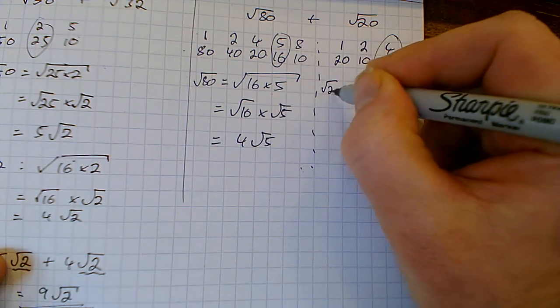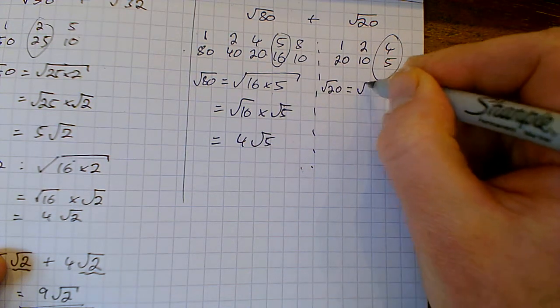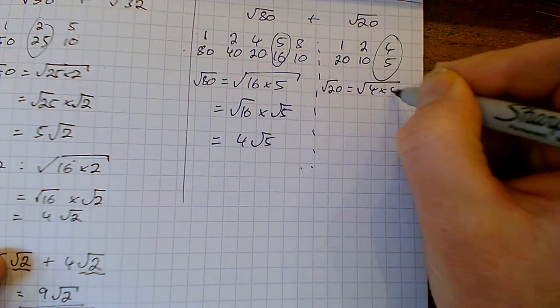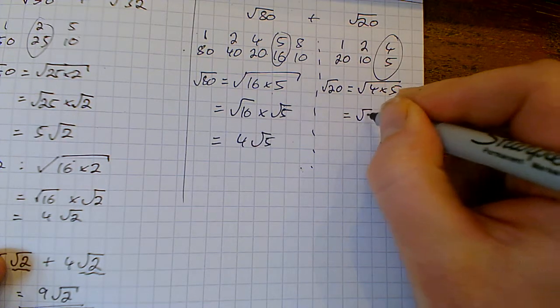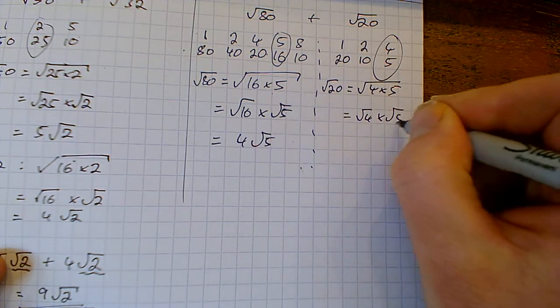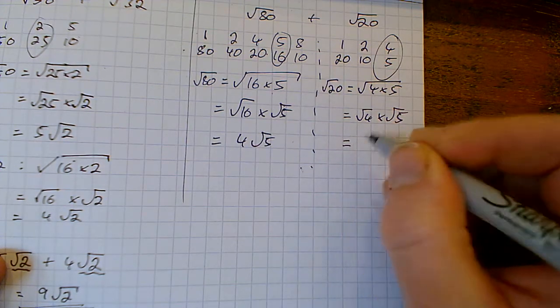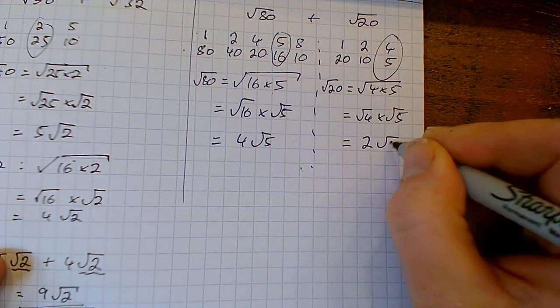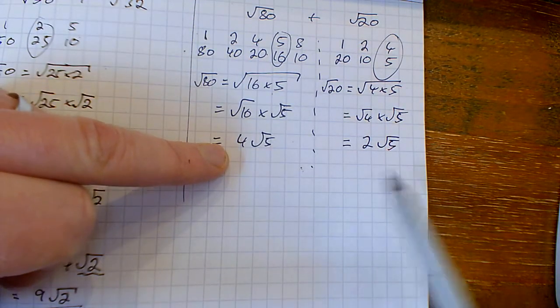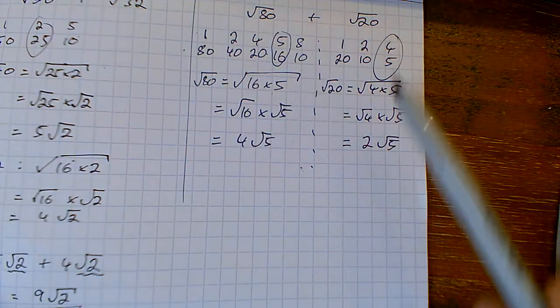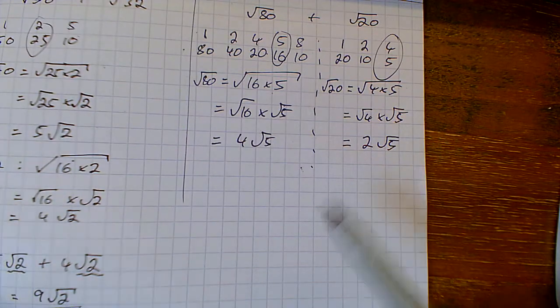So the square root of 20 is equal to the square root of 4 times 5, because 4 times 5 is 20. That's equal to the square root of 4 multiplied by the square root of 5, which is equal to 2 root 5. So the square root of 80 is 4 root 5 in surd form. The square root of 20 is 2 root 5 in surd form.